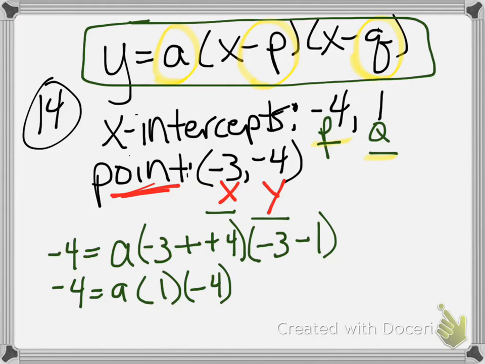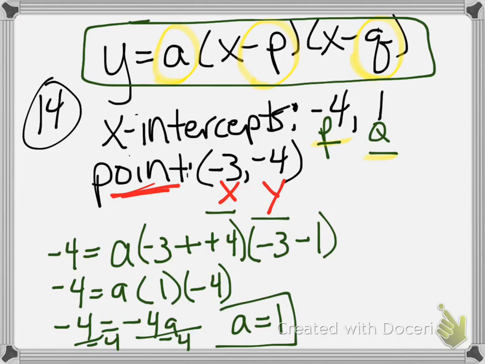This is all multiplication, so -4 equals A times 1 times -4, which is -4A. And if I divide both sides by -4 to get A by itself, my A value is just going to be 1. Okay, that's part of solving the problem, is just finding out what the A is.